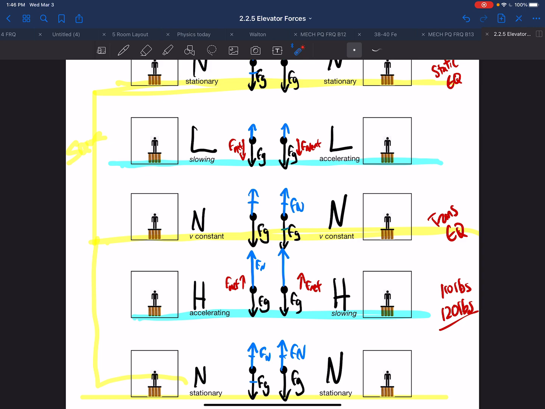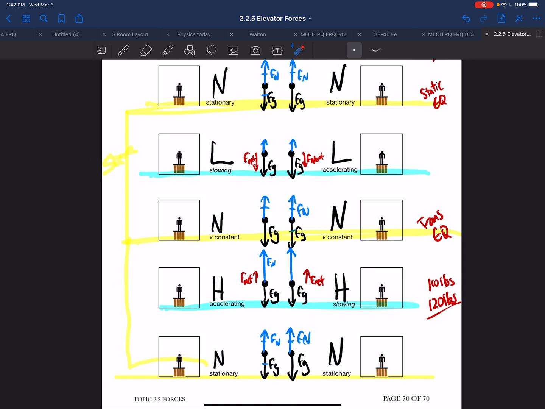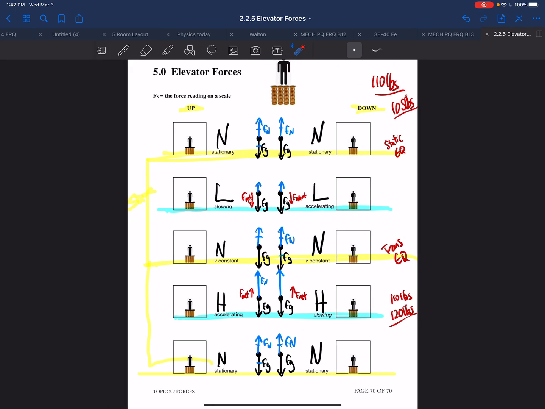You could not even discern if you're headed up or downward, because they will feel exactly the same. And that is a tour of the forces on an elevator.